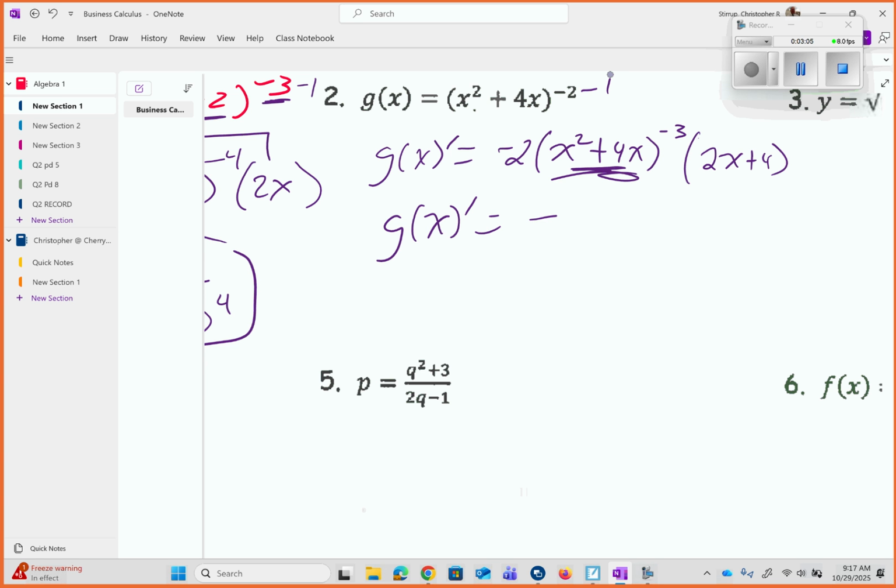So I could leave negative 2 up on top just like this. I keep the parentheses, that's fine. And this is going to move to the bottom, and it'll be to the 3rd power. So there's the derivative just as is. Questions? Feel all right about it?